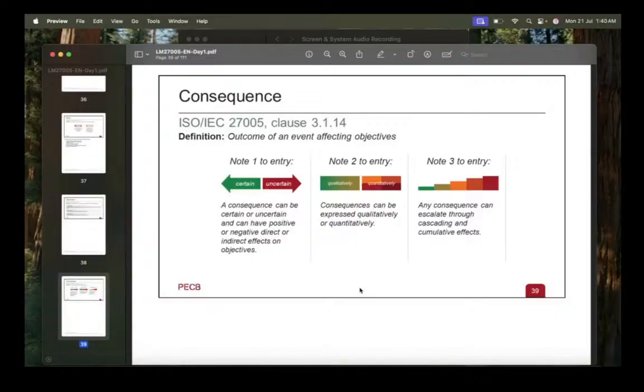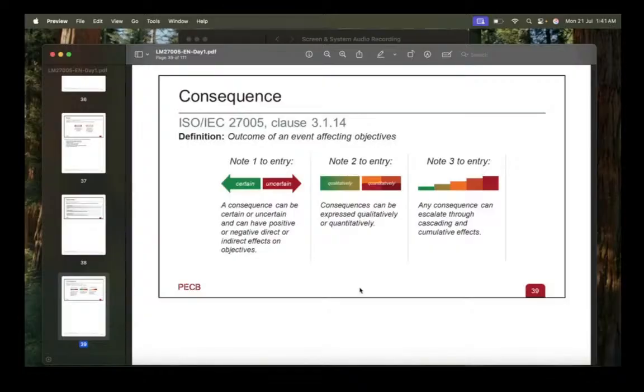certain and uncertain consequences. So there are some certain consequences. For example, if a data breach has happened from any system, for example the human resource system or the finance system, there are some certain consequences of that, where the risk needs to be mitigated, as there is a threat to all the data. It can have positive or negative, direct or indirect effects on objectives.